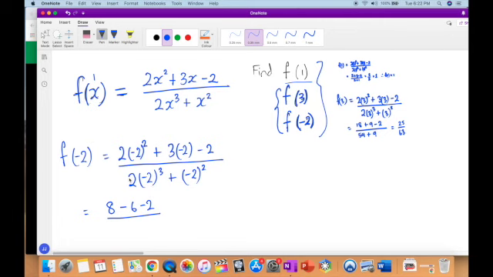Negative 8 times 2 is negative 16. You just take it one step at a time, guys. Plus, and yes, negative 2 squared is positive 4. So what will I have here? Look, 8 minus 6 minus 2 is 0 in the numerator, all over negative 16 plus 4, which is negative 12. But it doesn't really matter because the numerator ends up being 0, and so your answer is 0.